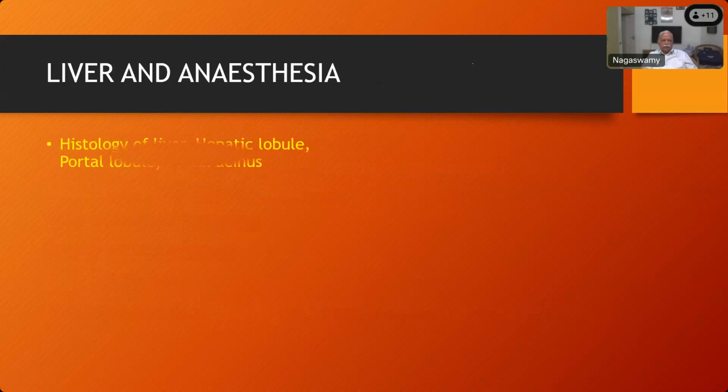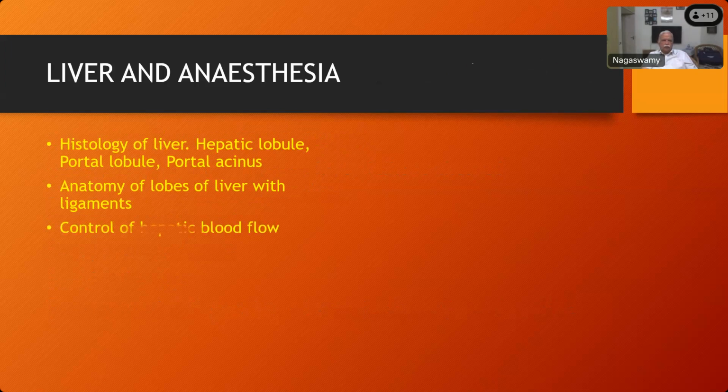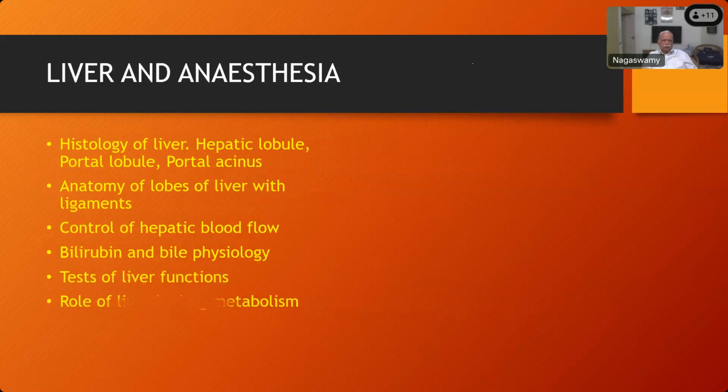And so the points that you have to remember in this case are: histology of the liver, hepatic lobule, portal lobule, anatomy of the lobes of the liver and ligaments, control of hepatic blood flow, bilirubin and bile physiology, which I have not discussed, tests for liver function, and the role of the liver in drug metabolism.